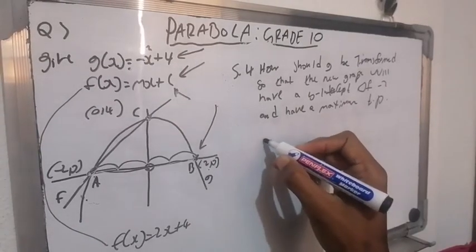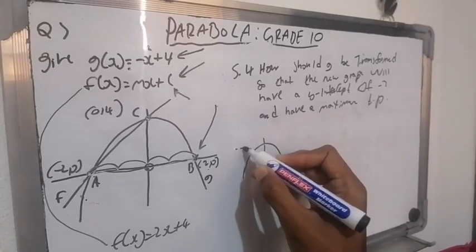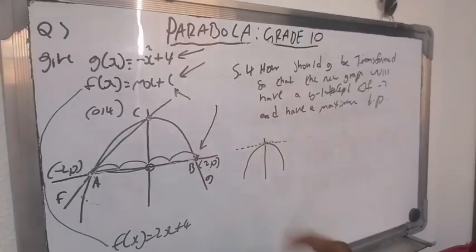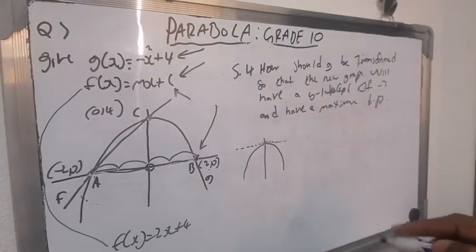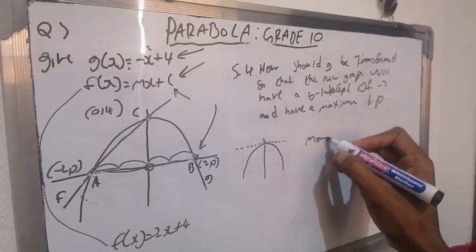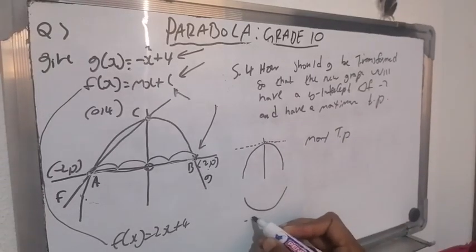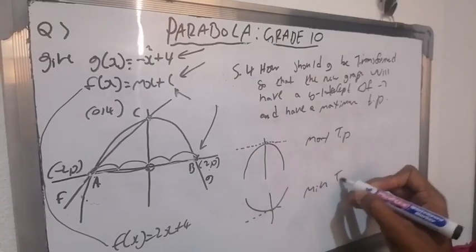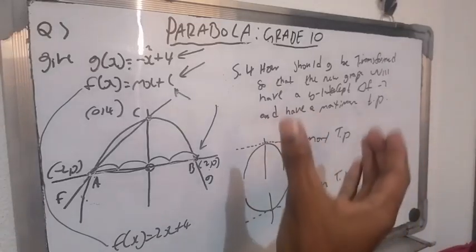When a graph is like this, a sad face, we say it's maximum because it's on top. So this is a maximum turning point. But if it's a smiley face, it will have a minimum turning point, because now it's like a C, you know.